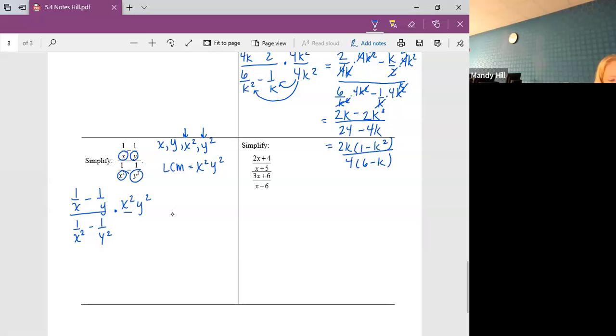We know when we're multiplying this, we're going to multiply every single thing by that least common multiple.